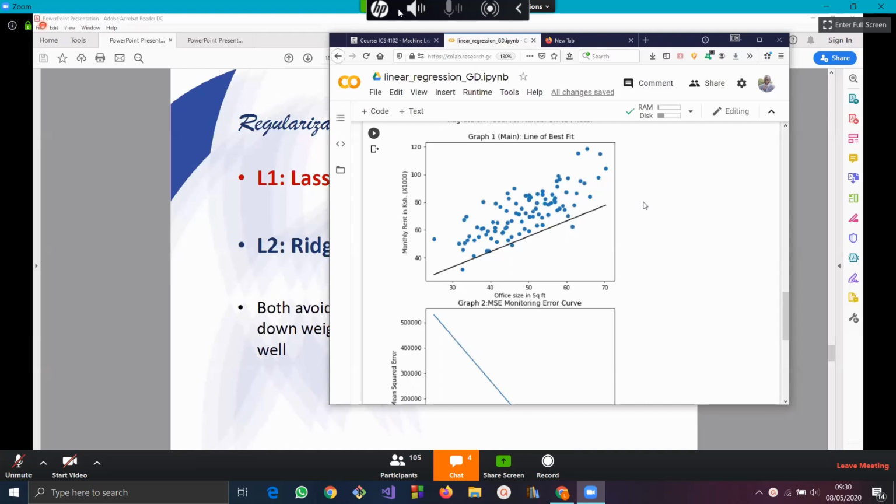So now, regularization is the official way to avoid over and underfitting in all models. What we are looking at is regularization for linear regression, or for regression. How do we regularize regressors? We use L1 and L2.